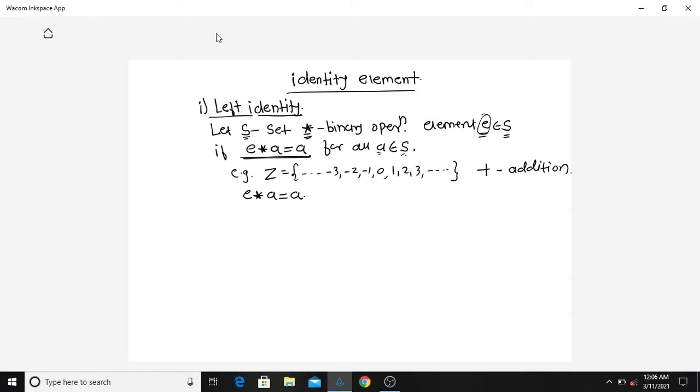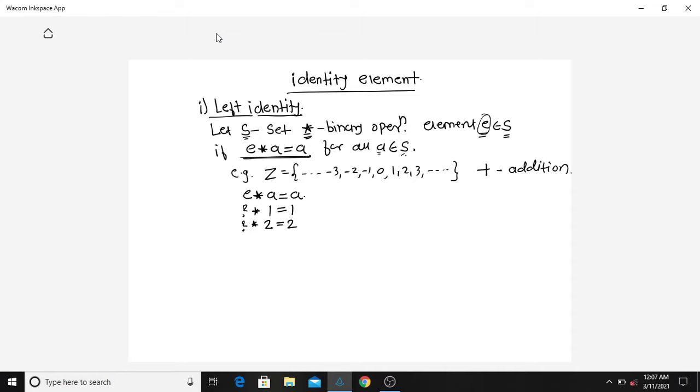For example, if I take A value as 1, then what star 1 gives you 1? If I take A value as 2, then what star 2 gives you 2? So instead of star, now the operation is plus.